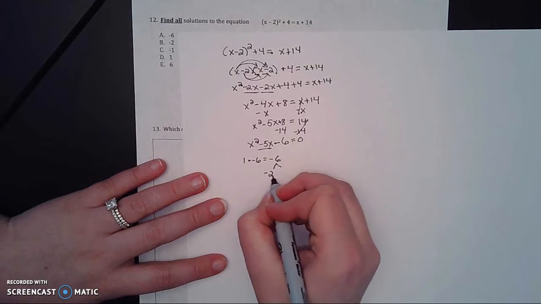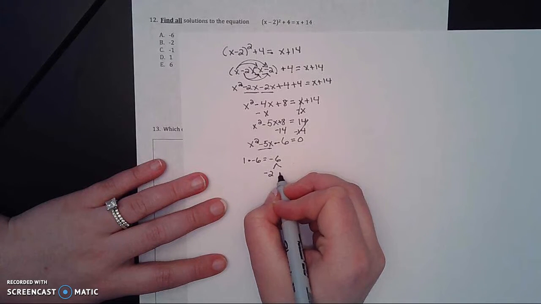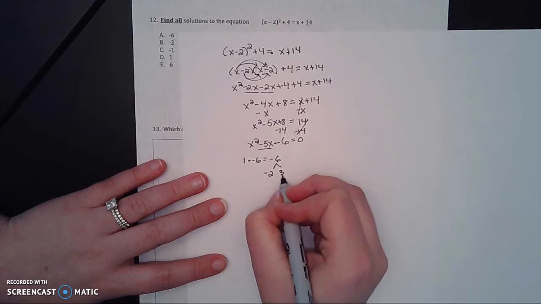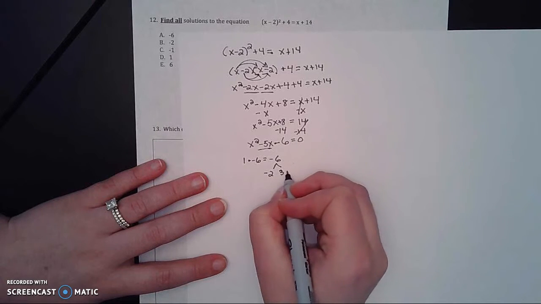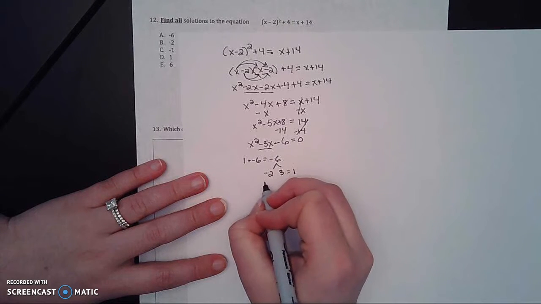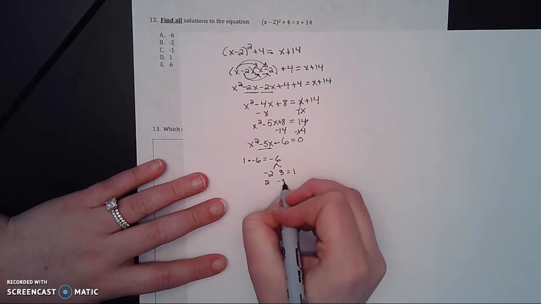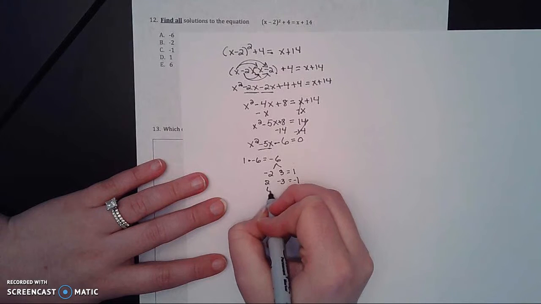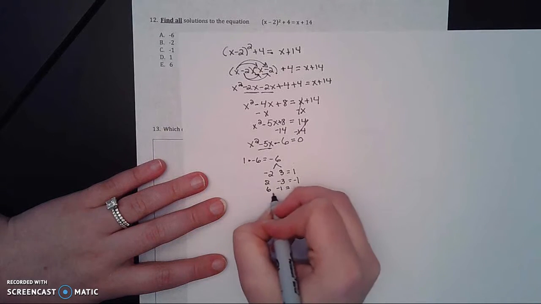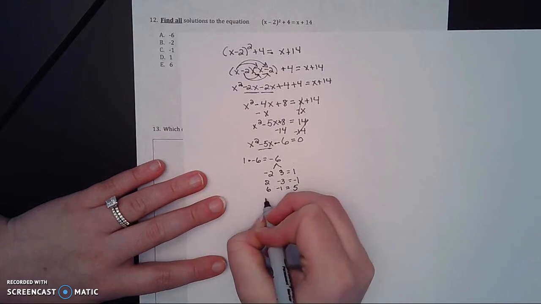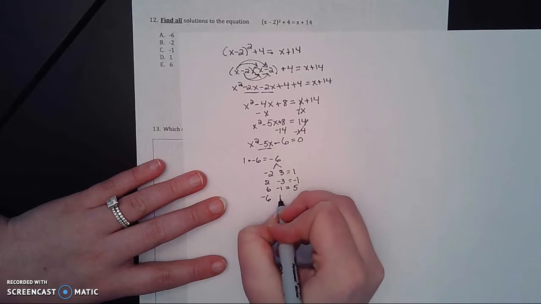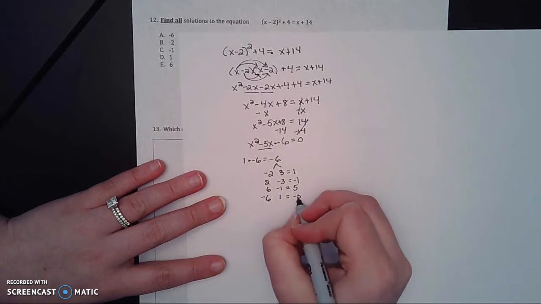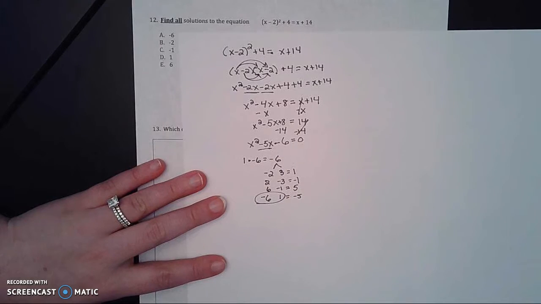So let's look, negative 2 and 3, negative 2 times 3, but that equals 1. 2 and negative 3 gets negative 1. 6 and negative 1 get me positive 5. So now it's negative 6 and positive 1 gets me negative 5. So these are my two choices.